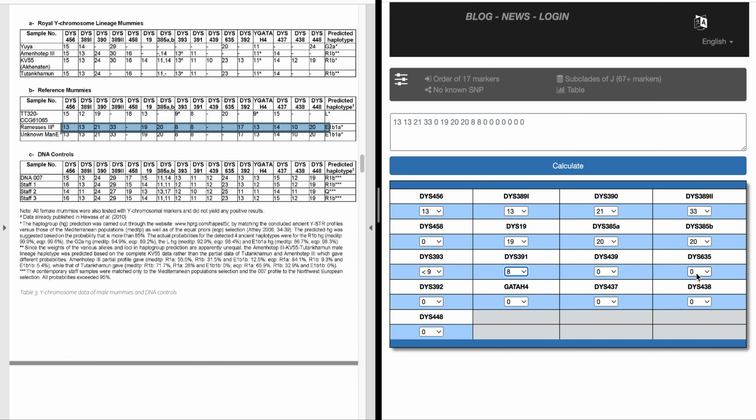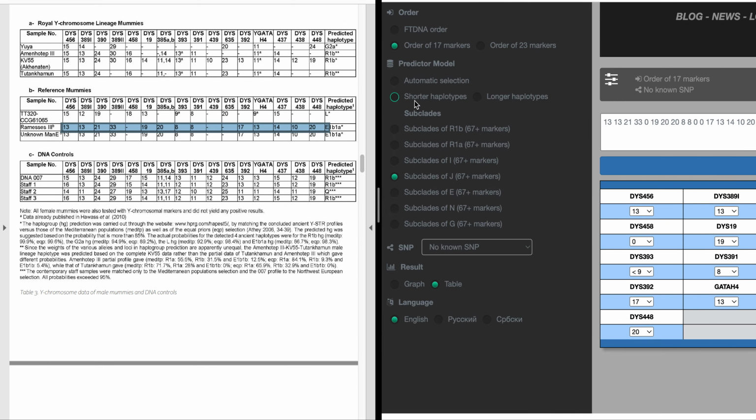Blank. Blank. 392 17. H4 13. 437 14. 438 10. 448 20.